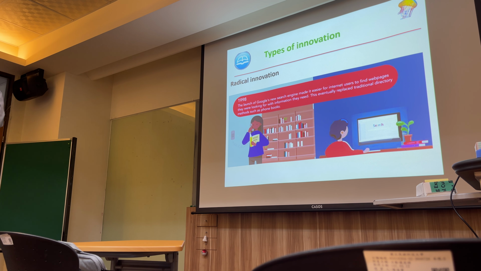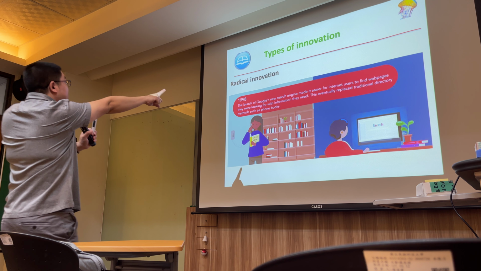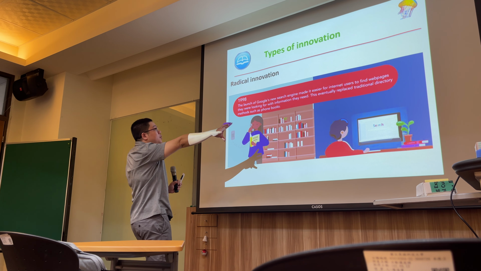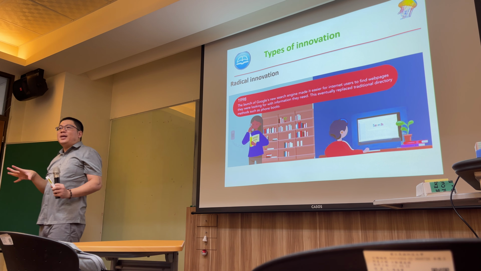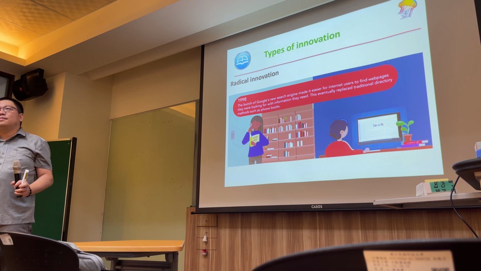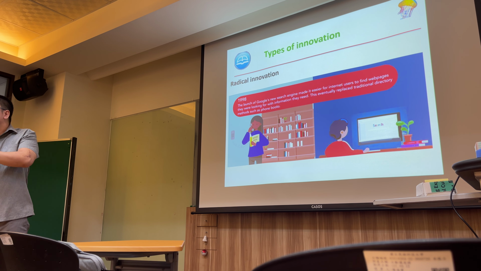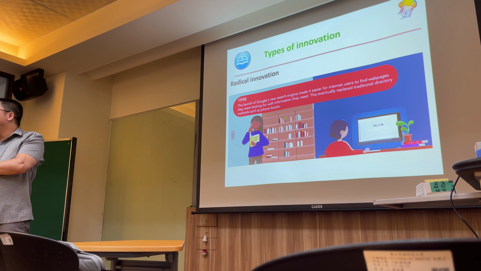Right now, when you want to search for information, the first thing you think about is to search on Google. Google search became popular globally. The launch of the Google search engine made it easier for you to find information. It was a radical innovation at that time.